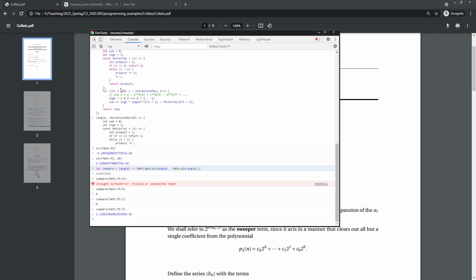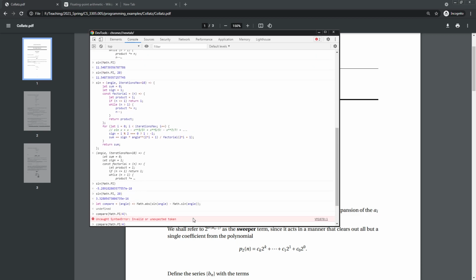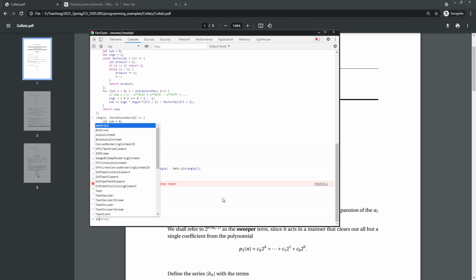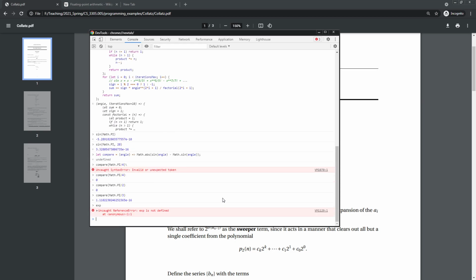So cosine is similar, but you use the series expansion for cosine, and then the exponential function would be similar as well. We can do the exponential function. I'll let you think about how to do the cosine function. Okay, so we can define our own exponential function.